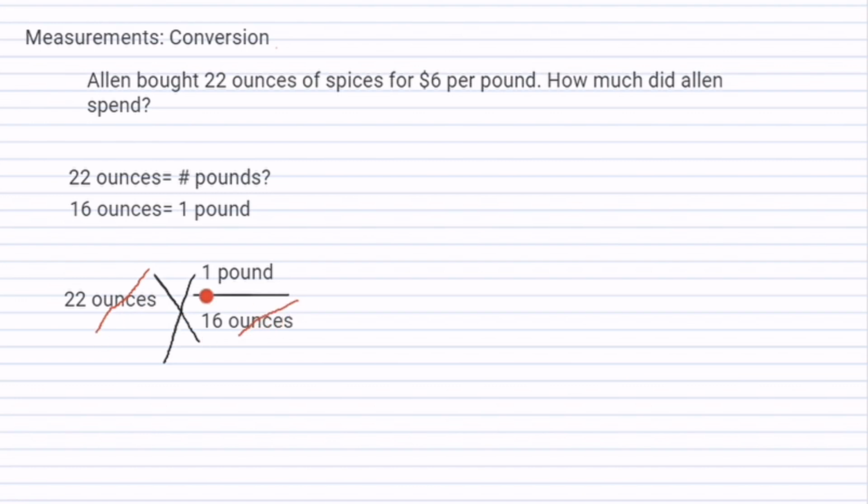Then 22 times 1 is equal to 22, of course, over 16. So 22 divided by 16 is equal to 1.375 pounds. There you go. This is the number of pounds.